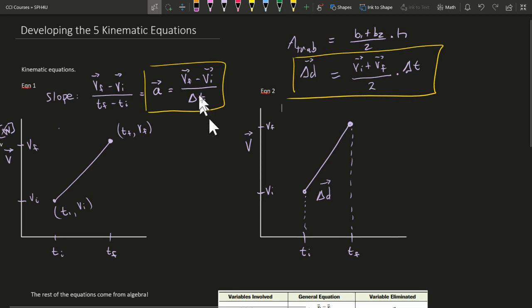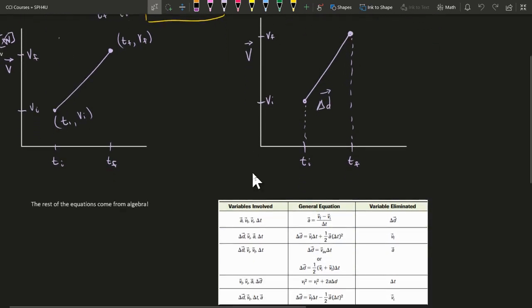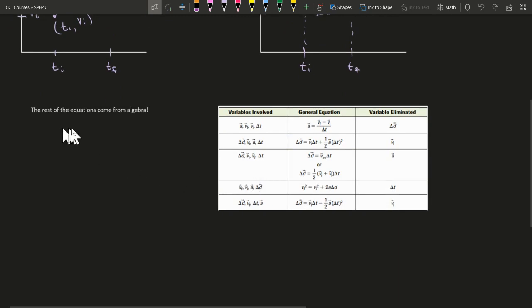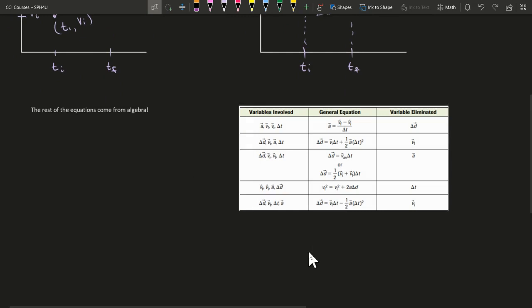And now, if you take these two equations and you do some algebraic magic on them, you're going to end up getting a series of other equations, okay? And they're listed down here in this chart. I'll just do one of them, and I think that the rest you can maybe do.